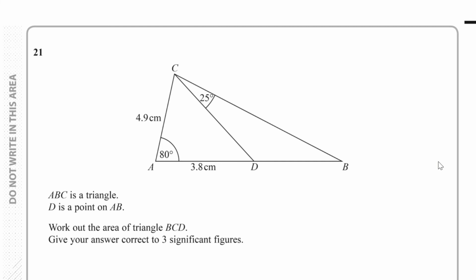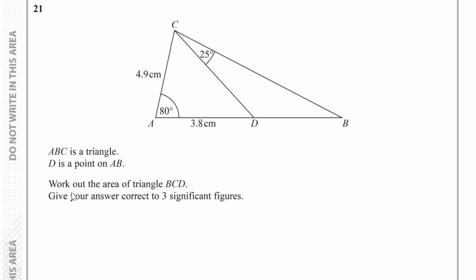Well, we can find out what CD is using the cosine rule. CD squared is equal to 4.9 squared plus 3.8 squared minus 2 lots of 4.9 times 3.8 times the cosine of 80.